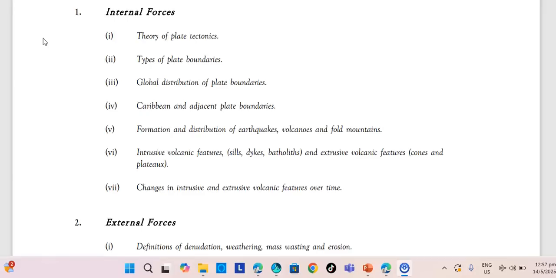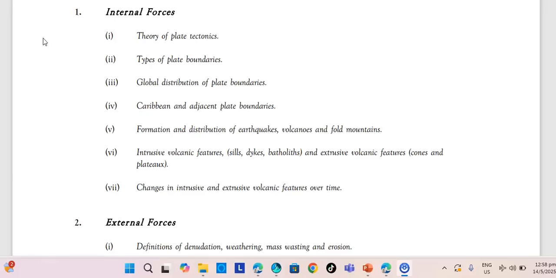All right, so the main plates that are in our region: we have the Caribbean plate, which covers countries like Jamaica, Haiti, the Dominican Republic, Puerto Rico, and parts of Central America. We also have plates around the Caribbean plate. We have the North American plate, which is to the north.